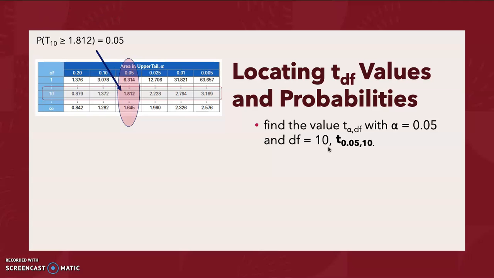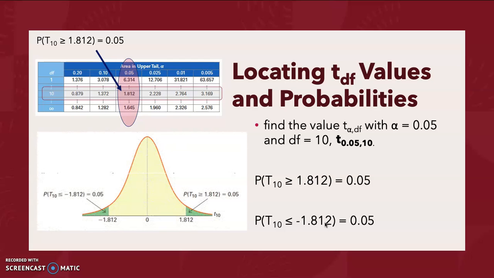The value obtained is 1.812, which suggests that the probability that t with degree of freedom 10 is greater than 1.812 is 0.05. Due to the symmetry of the t-distribution, we also get that the probability of t smaller than minus 1.812 is 0.05.